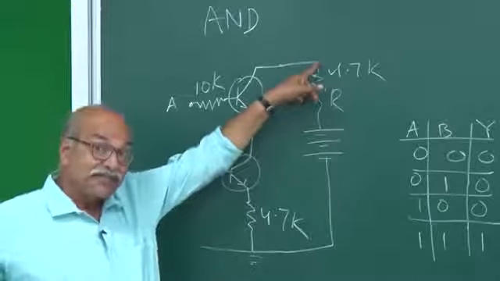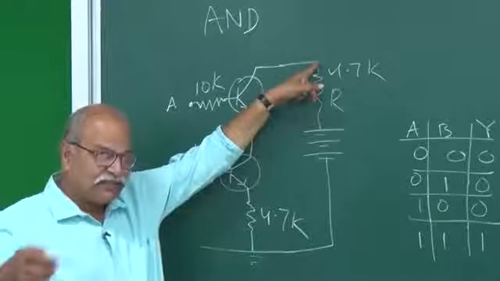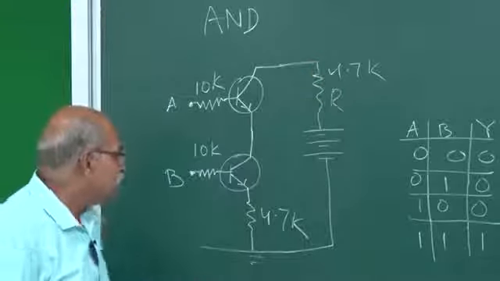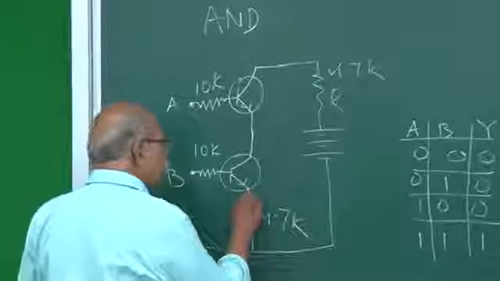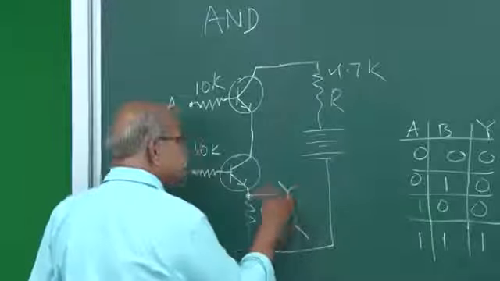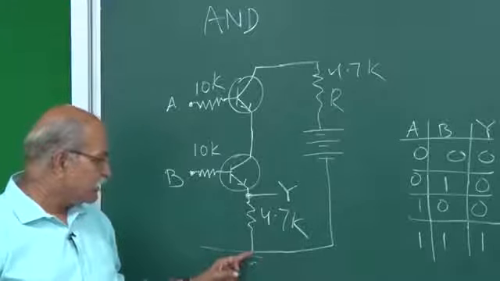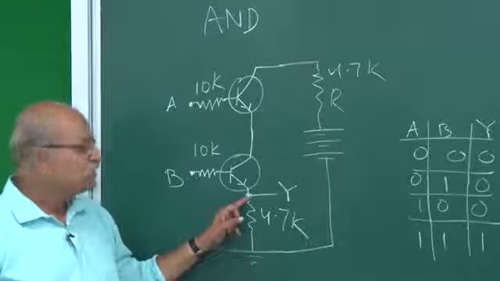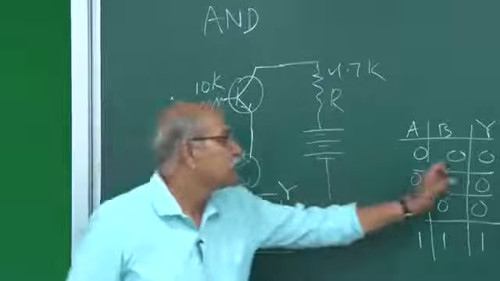That is also a gate, I'll talk about it just after this. But if I take the output from this point, if this is Y, then see what happens. If there is no current in the transistor anywhere, no current here and no current here as well, then this is 0 potential, this is also 0 potential. So, it is low and 0 0 becomes 0.